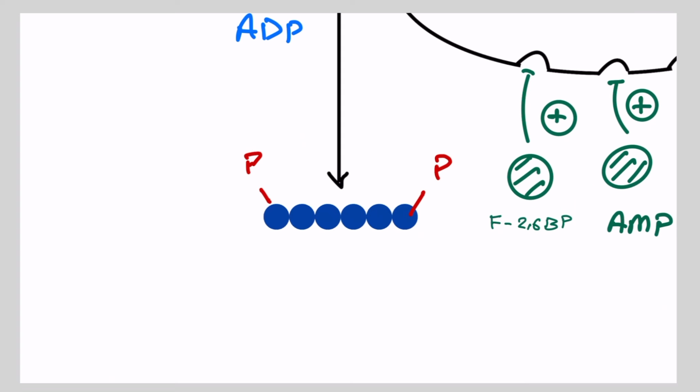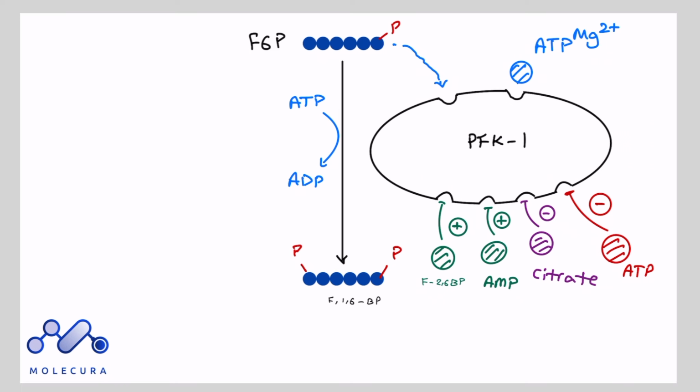This is our fructose 1,6-bisphosphate. Sometimes our fructose 6-phosphate could undergo action of another enzyme that is called PFK. So this is our fructose 6-phosphate.